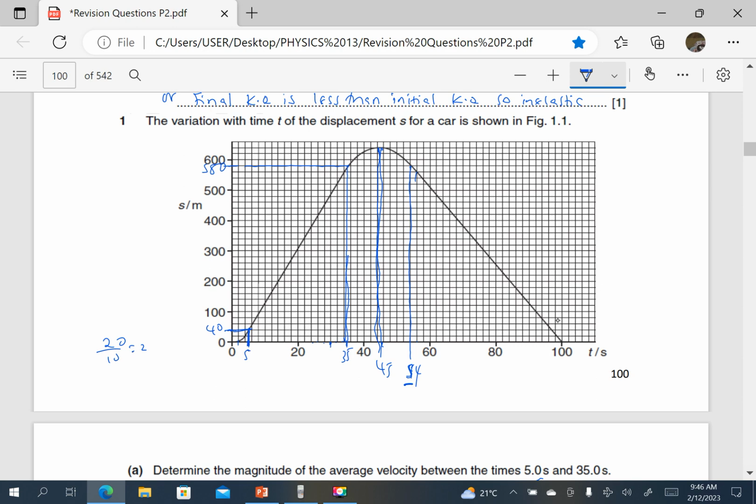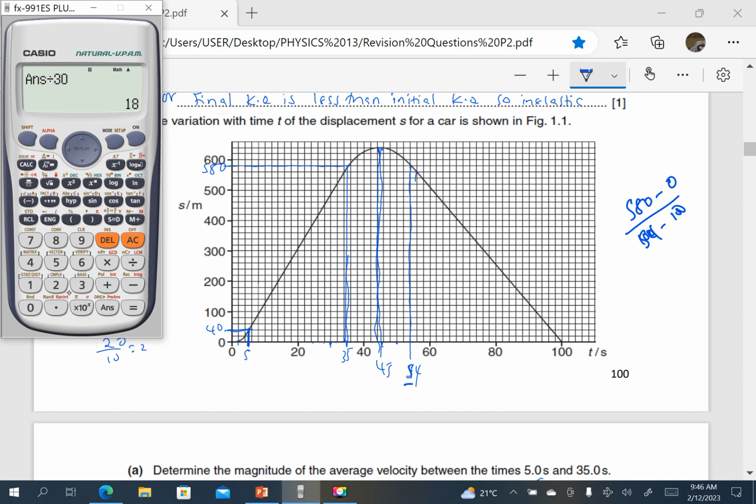If we consider 580 minus 0 divided by 54 minus 100, let's check that.